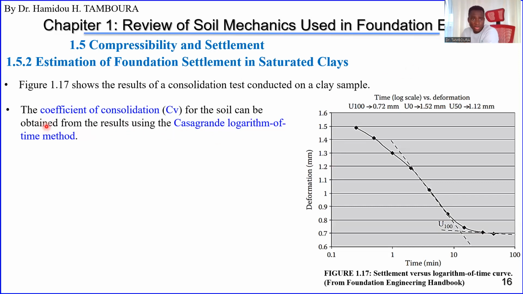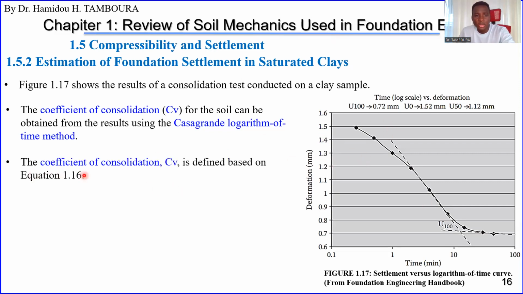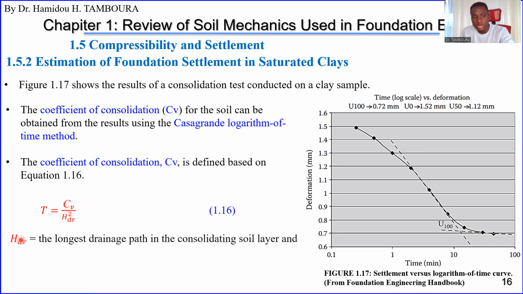So the coefficient of consolidation, CV, for soil can be obtained from this equation. H is the longest drainage path in the consolidating soil layer.